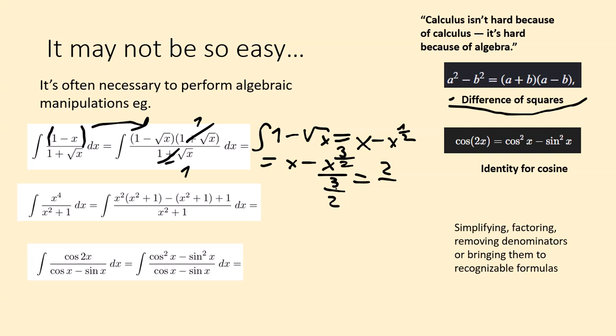Let's focus on this long fraction. So it's going to be 2/3 x to the power of 3/2. Why like that? Because dividing is multiplying by the reciprocal, so 3/2 becomes 2/3. And this is the answer.